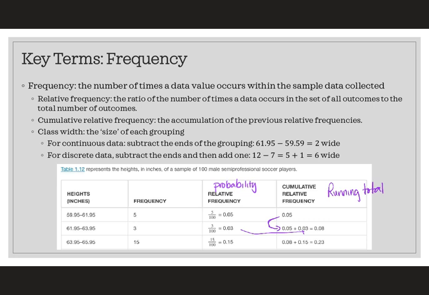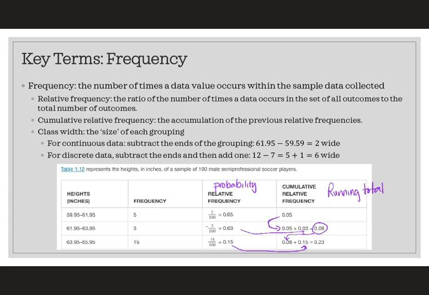The third row happened 15 times, so it happened 15 out of 100, so that's our relative frequency. And then for our cumulative relative frequency, we're going to take this 0.08 from the previous row, add it to the 0.15 from the current row, and we end up with 0.23. So by the third line of our frequency table, we have covered 23% of the responses. So we're just making sure that as we go, we've got a certain amount of data.